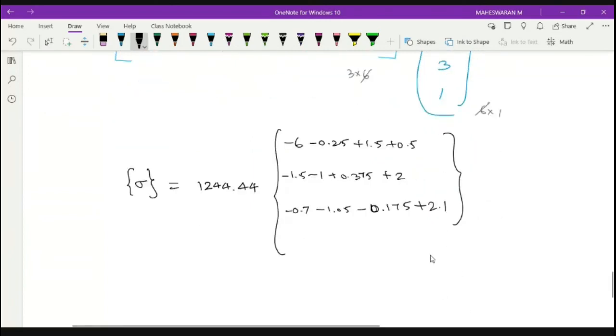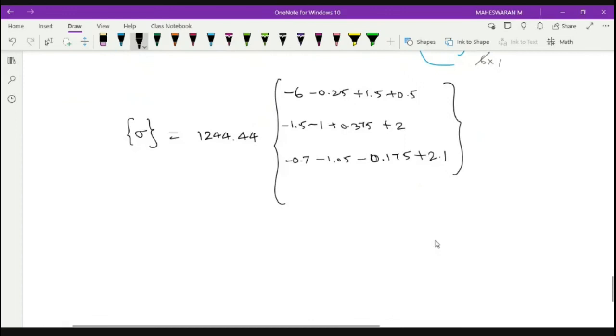So can I add these things and then multiply with 1244.44? What are you getting? Minus 5288.87. Okay. Next one, minus 155.55. 155.55.